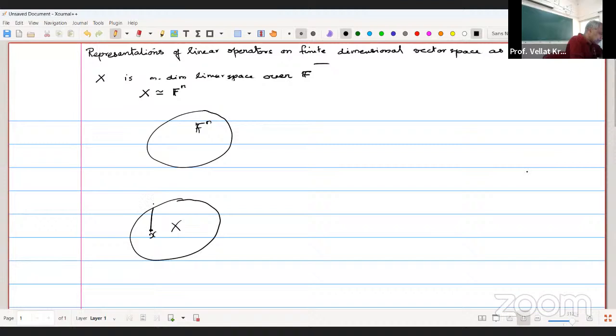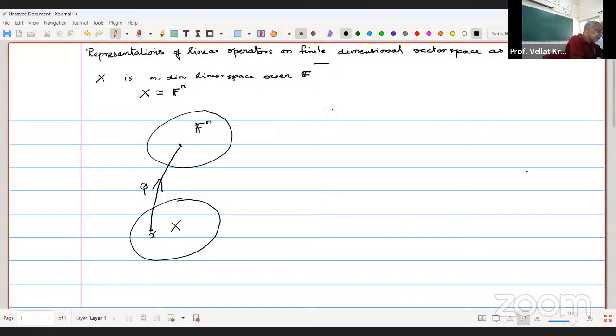Now this can be mapped to some element here. And we want an isomorphism phi from X onto Fn such that the linear structures are preserved. Okay. How did we achieve this?